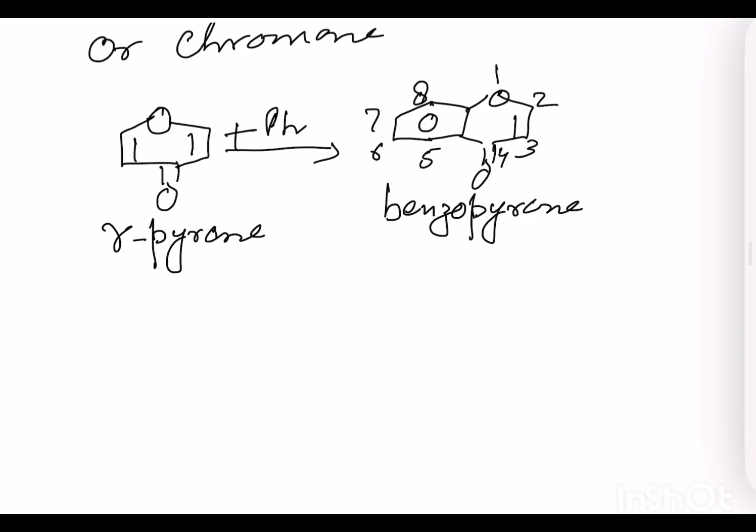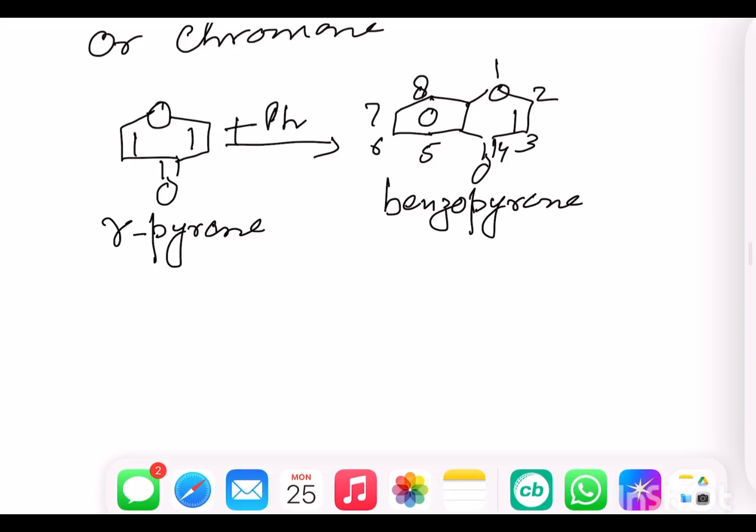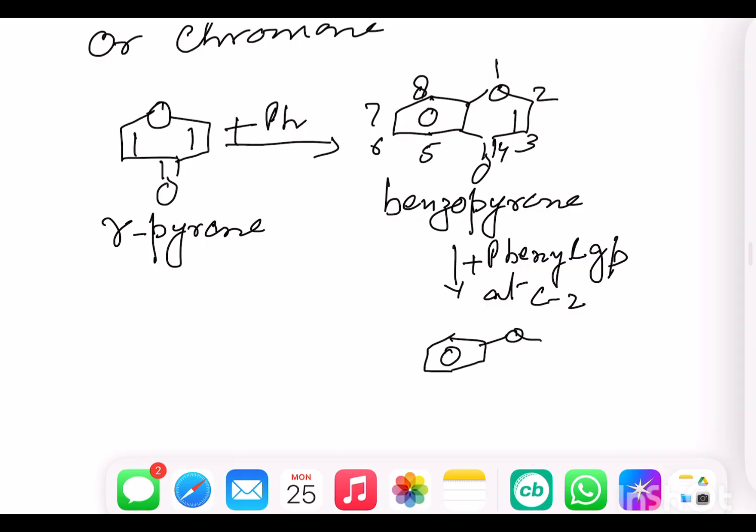You have to add a phenyl group at the C2 position. This is the C2 carbon, and it is called the flavone nucleus.